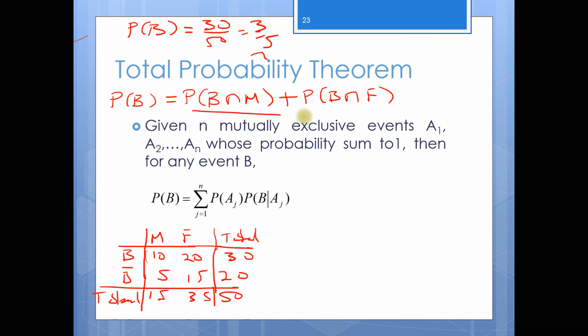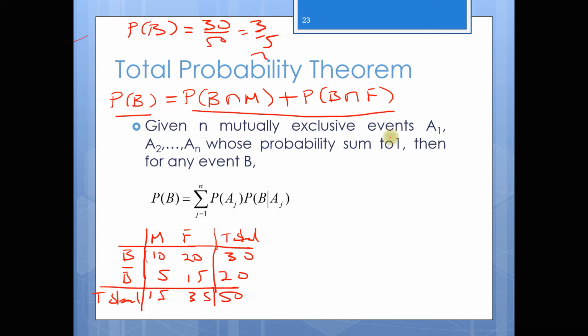If you look at what I wrote here, you would understand that they are equal. If I'm interested in finding the probability that a student is wearing black, one way of doing it is just to look at the probability that a student is wearing black and is a male, or the probability that a student is wearing black and is a female. This gives me the probability that a student is wearing black.